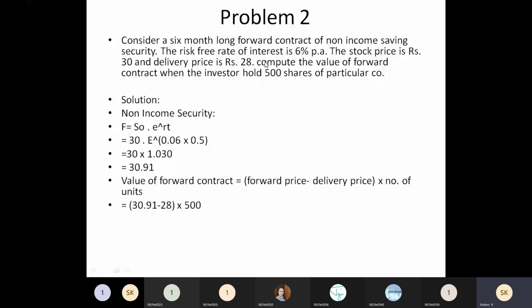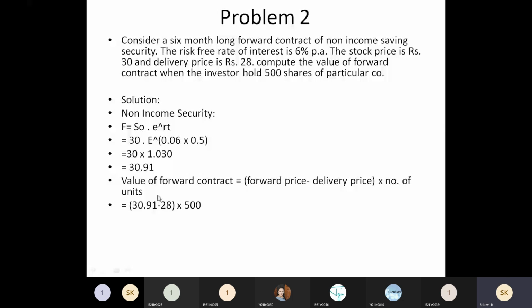So for this question we are going to calculate the value of the forward contract for the whole 500 units. I gave you the formula that the value of a forward contract can be calculated by using forward price minus delivery price into number of units. So this formula you are going to use.